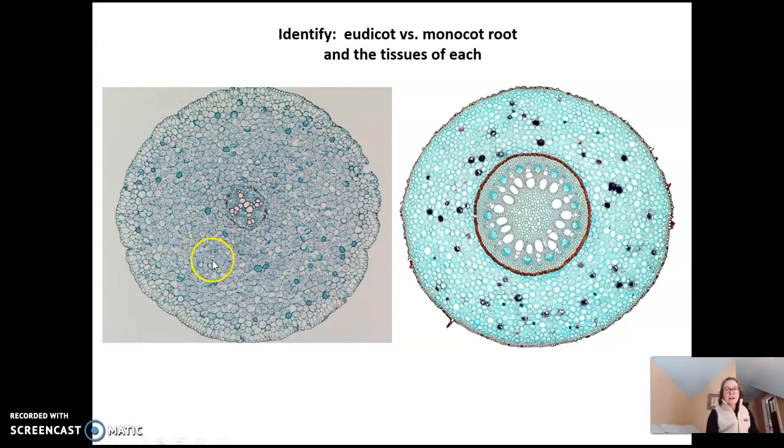And over here on the left, we've got our X of the xylem, so that tells us dicot. And here we have the circle, looks like lace. That's a monocot root. Now, I wanted to point out that these are just the roots. We were going to see some different configurations for the stems.